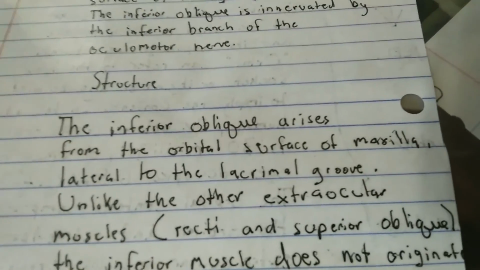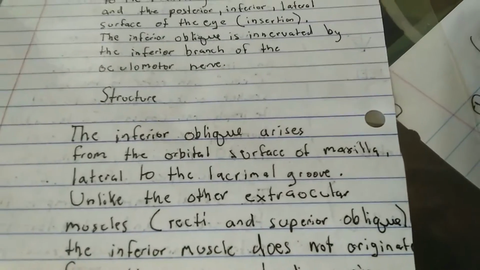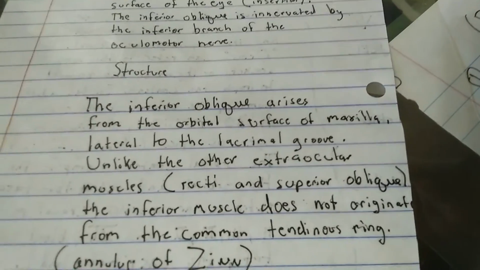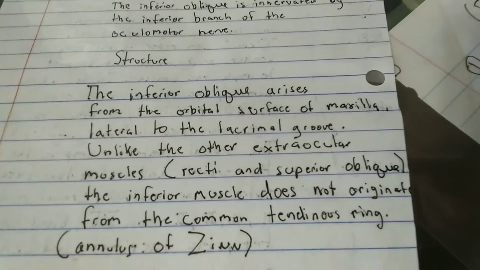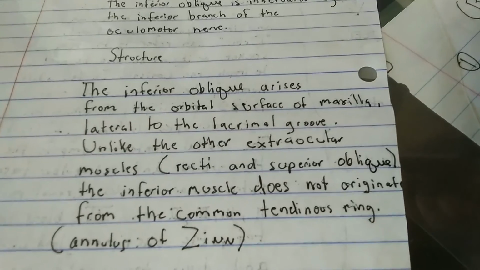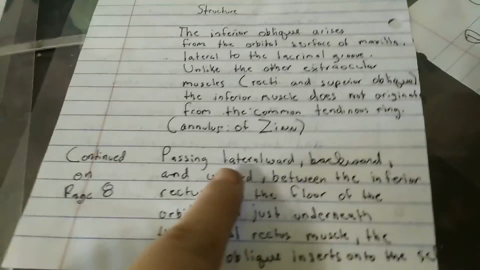The inferior oblique arises from the orbital surface of the maxilla lateral to the lacrimal groove. Unlike the other extraocular muscles, recti and superior oblique, the inferior oblique muscle does not originate from the common tendinous ring, the annulus of Zinn. You saw that weird annulus of Zinn on the graph.